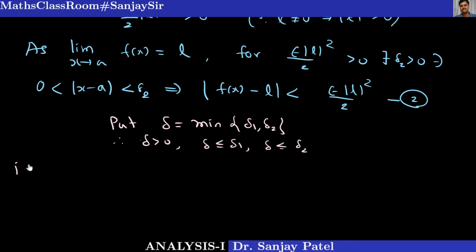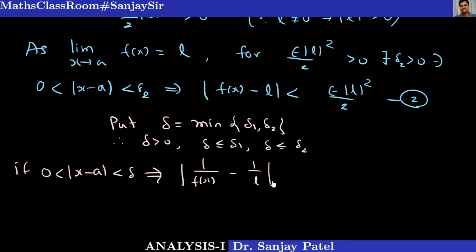So if we have 0 less than mod of x minus a less than delta, then we can consider this expression which is required to be made less than epsilon. This is our aim. 1 upon f(x) minus 1 upon L I want to make less than epsilon. Now that can be done in this manner.